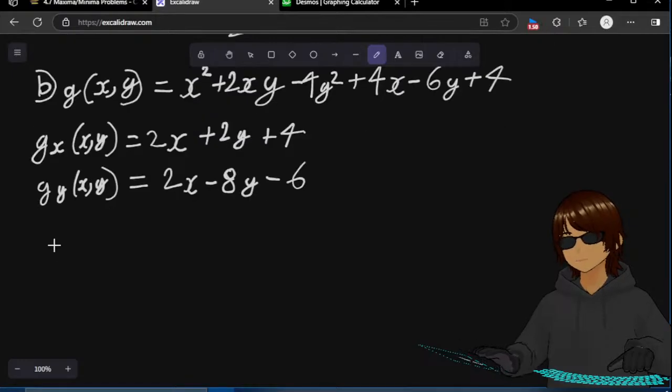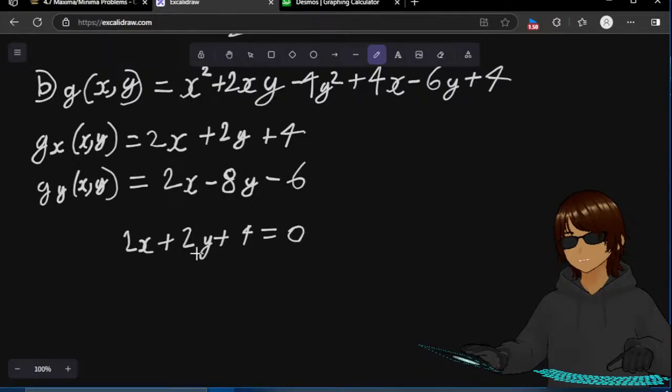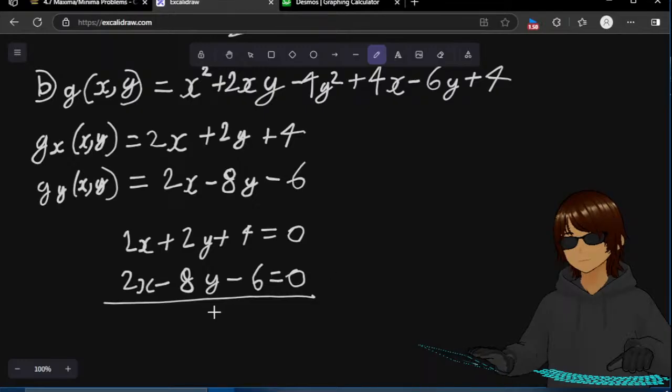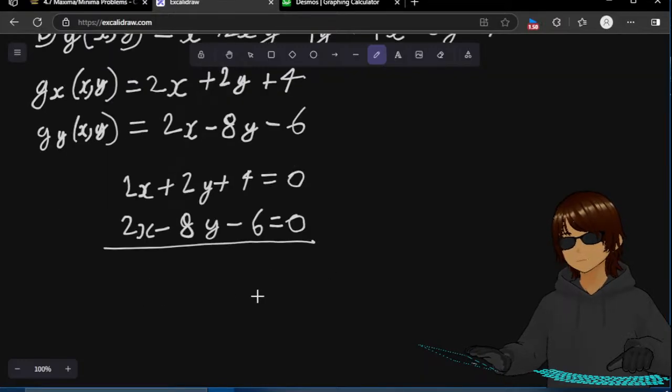And then we need to check where these are 0, right? Yeah. This needs to be 0. If I subtract these two, 2 minus minus 8, or minus minus 6.